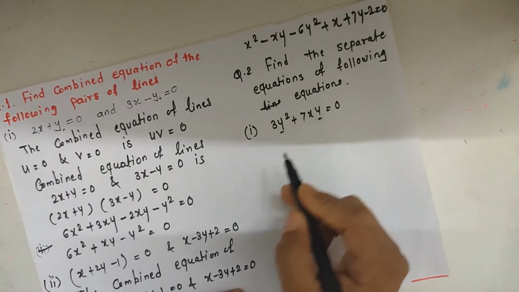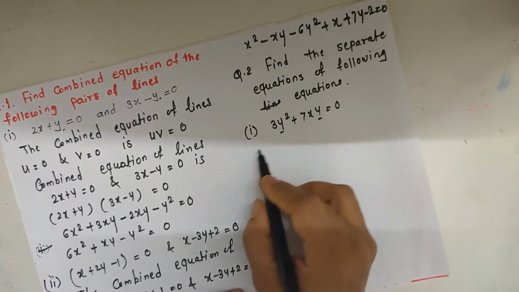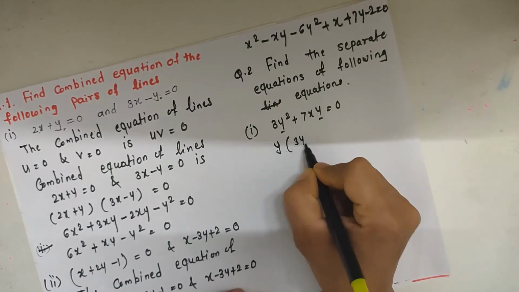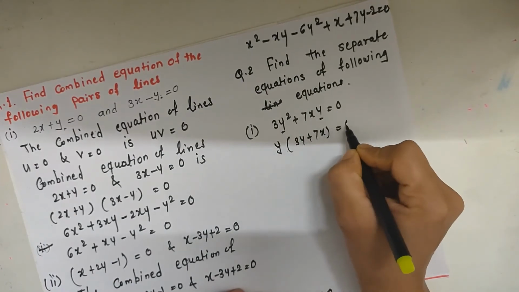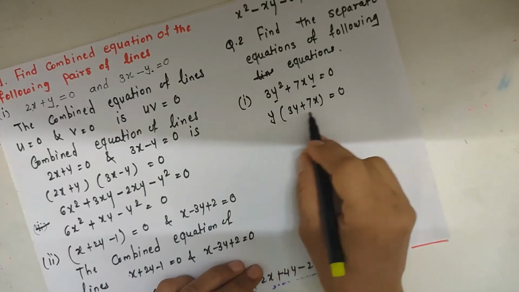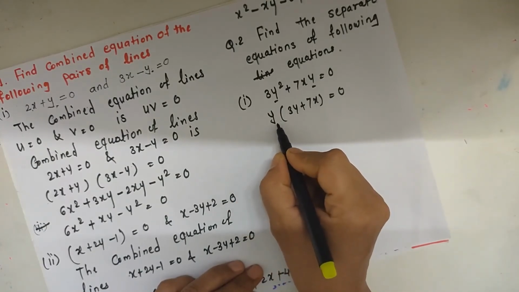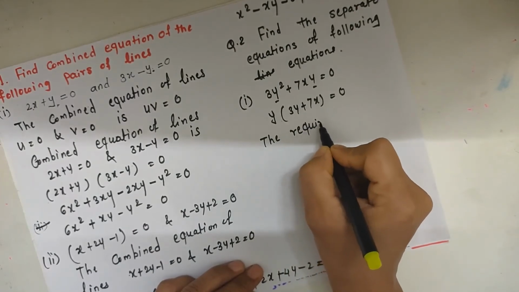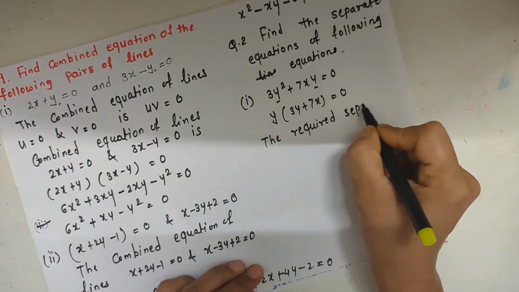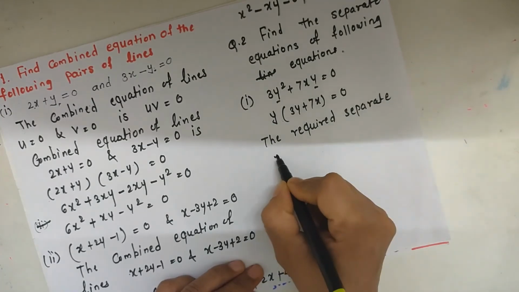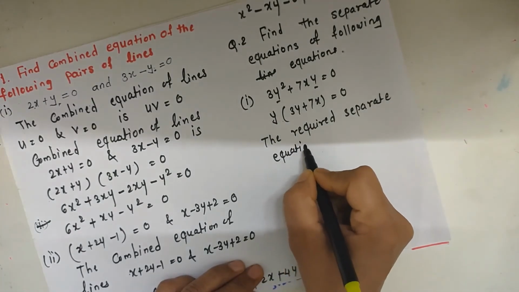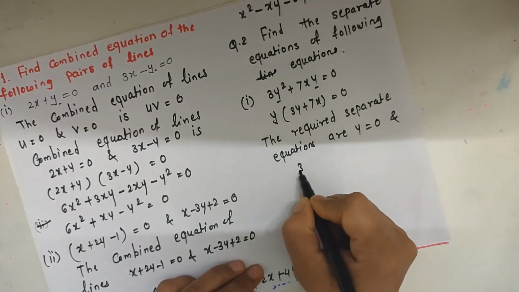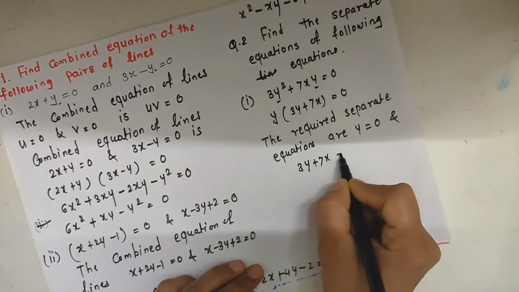Taking y common from this expression, then we get y into 3y plus 7x is equal to 0. And these are two equations. So the required separate equations are y is equal to 0 and 3y plus 7x is equal to 0.